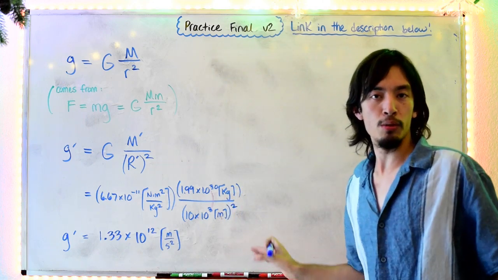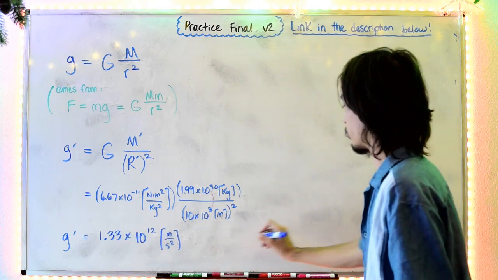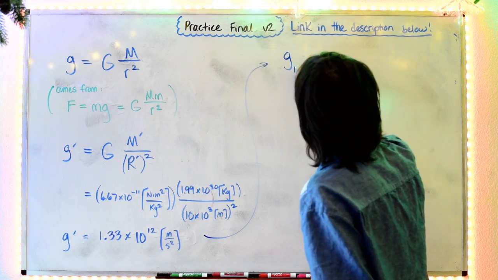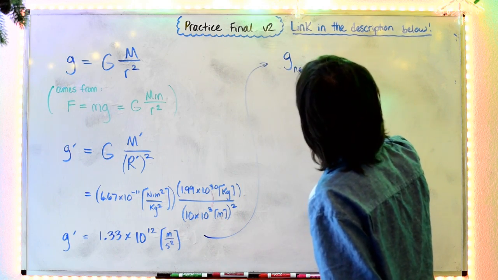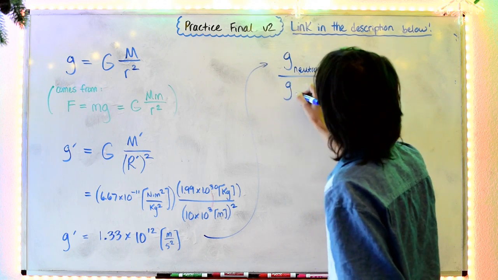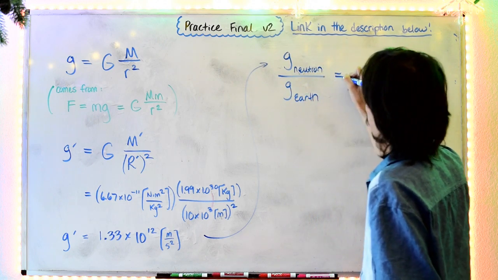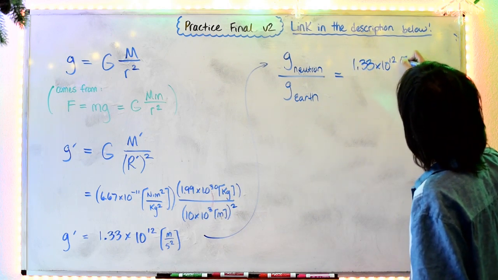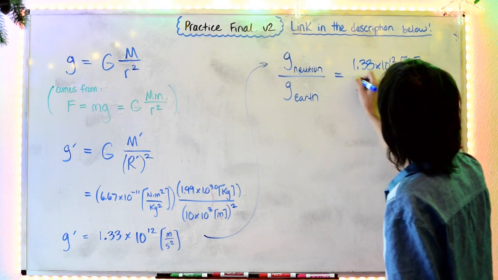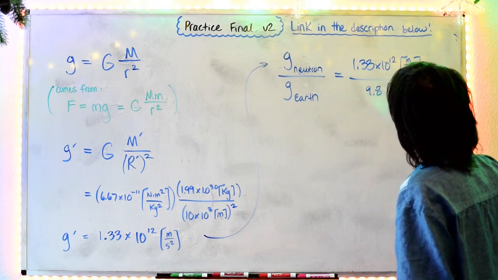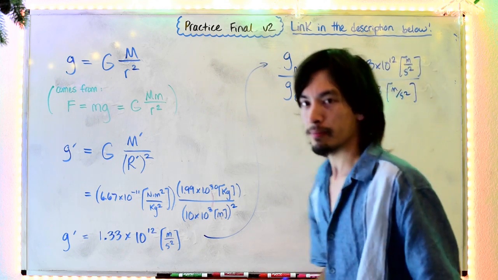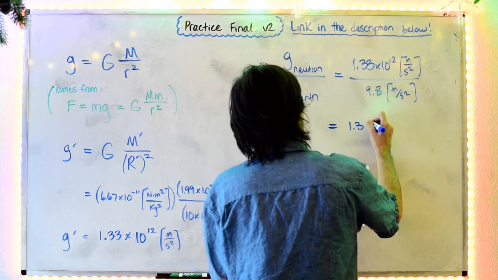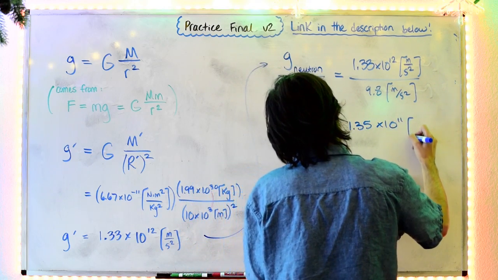And if you compare that to the gravitational acceleration on Earth, well, you just take the ratio. So the gravitational acceleration of our neutron star divided by the gravitational acceleration on Earth is just that value: 1.33 times 10 to the 12th meters per second squared divided by 9.8 meters per second squared. When you take that ratio, you end up getting 1.35 times 10 to the 11th.